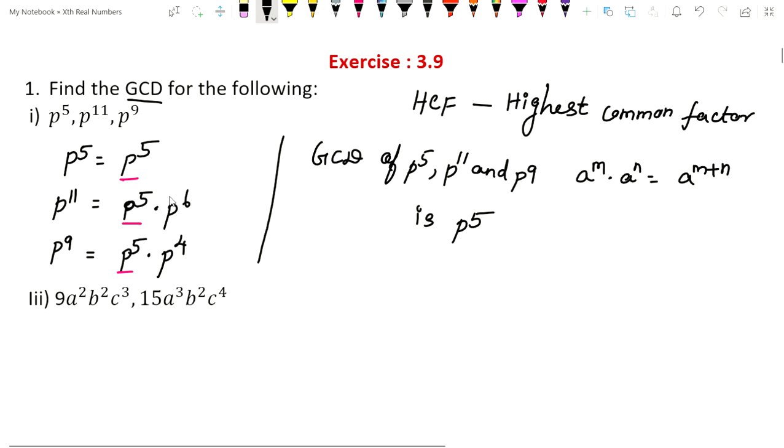Children, in all the terms, the element present is p power 5, so p power 5 is the GCD. See the next one.